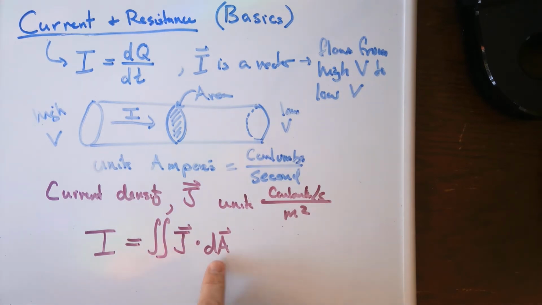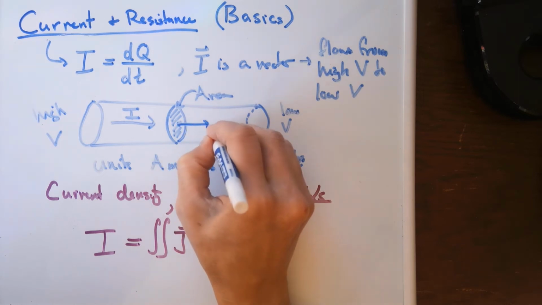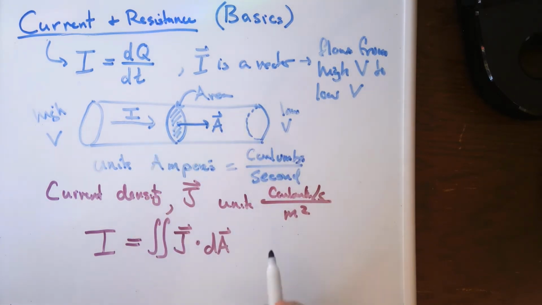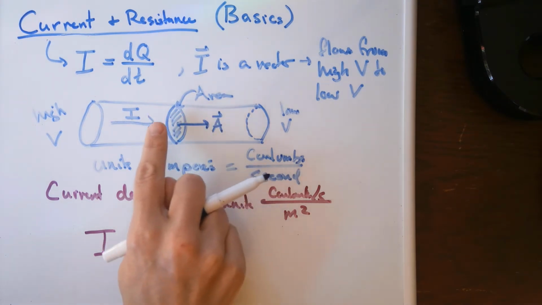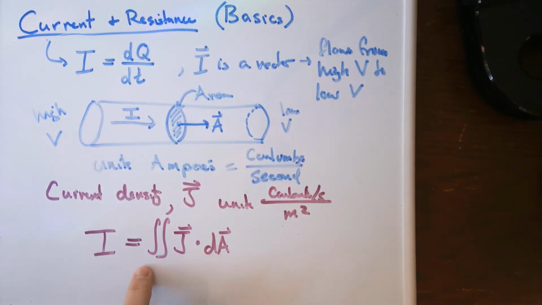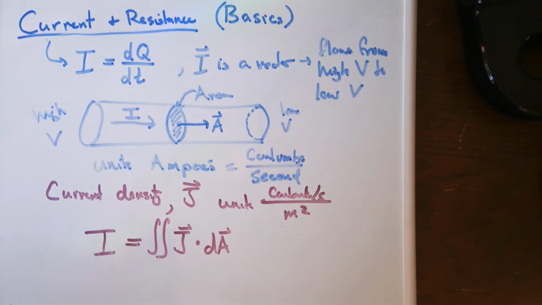And remember, area always has a direction we can attach to it that'll be perpendicular to the surface itself. And so this dot product matters. We're only interested in current that's flowing through the surface, not across the surface. But we do that dot product and we integrate it over this whole area, and that gives us the total current flowing through this wire.